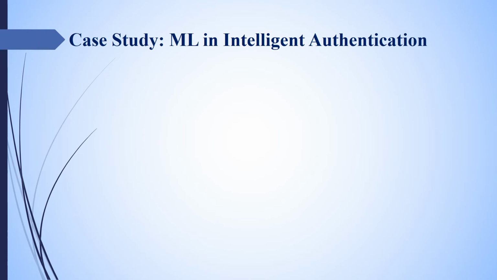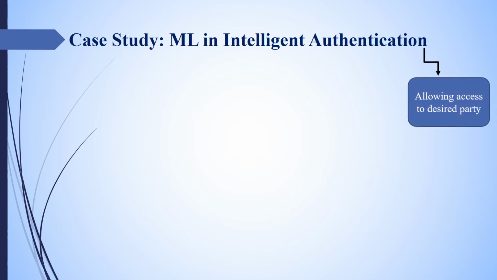Intelligent authentication is a method in which access is provided only to the specific user. No unwanted party is allowed to access the specific data. Now we have developed methods in which machine learning algorithms can be helpful in determining 5G models.